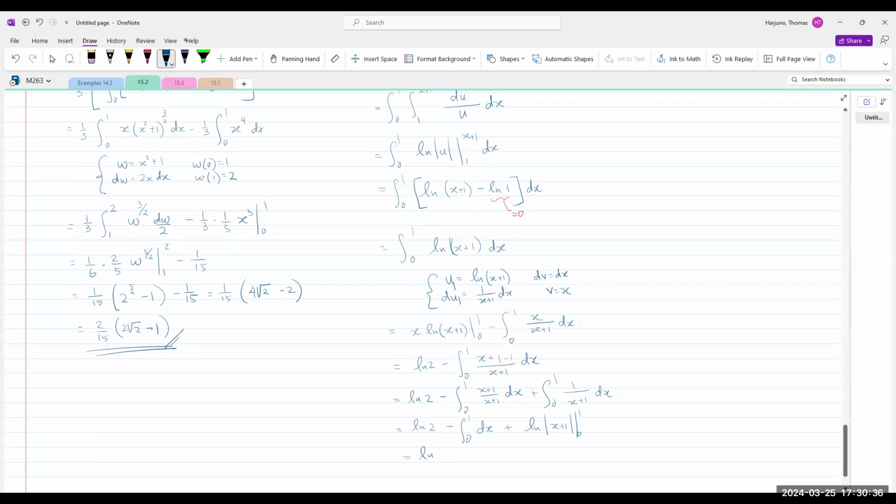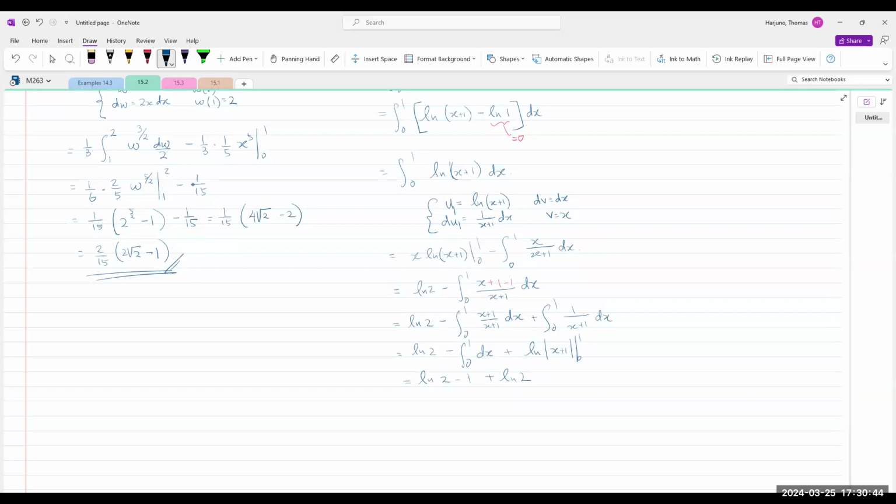So natural log of 2 minus 1 plus ln 2. So this is 2 natural log of 2 minus 1.